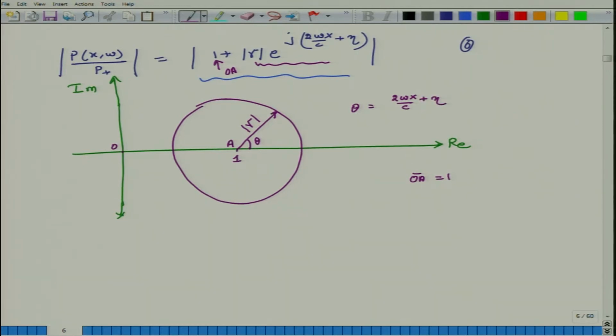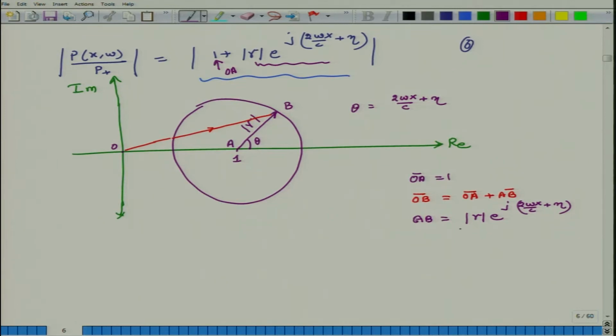Let us say this point is B, then OB equals OA plus AB, where OA is 1 and AB equals a magnitude, the magnitude of gamma, times a phase term e to the j (2 omega x over c plus eta).